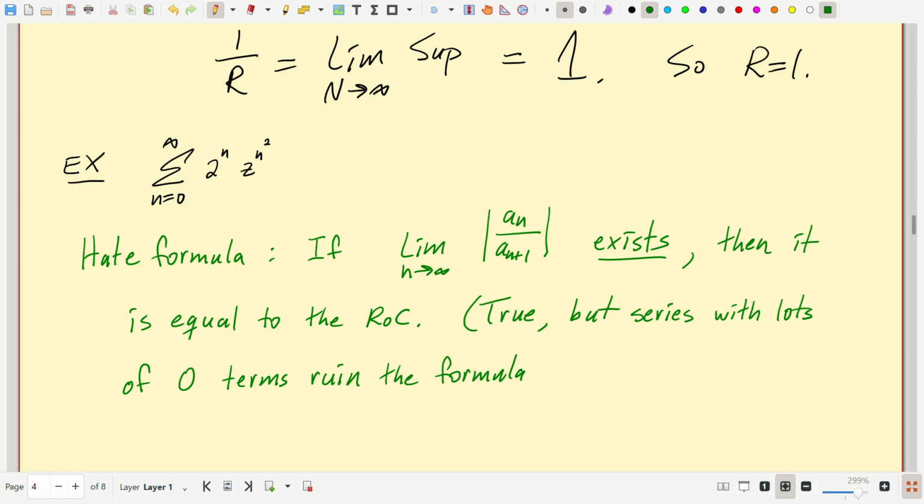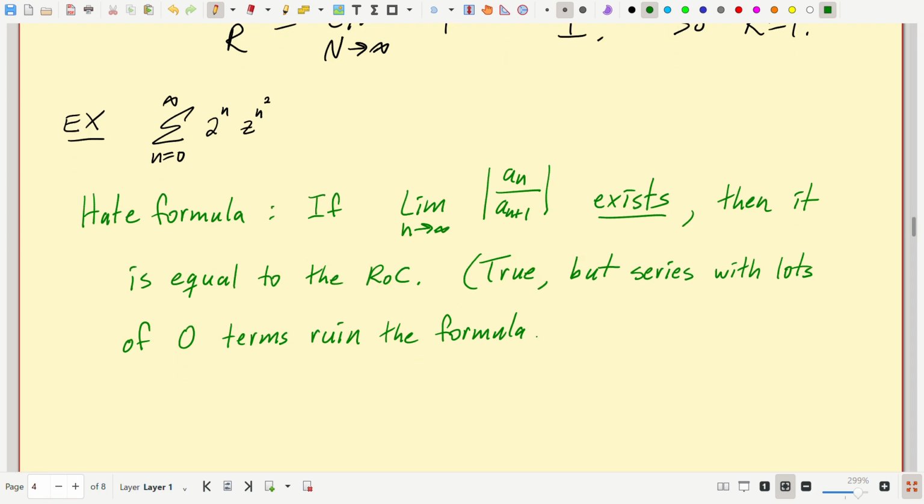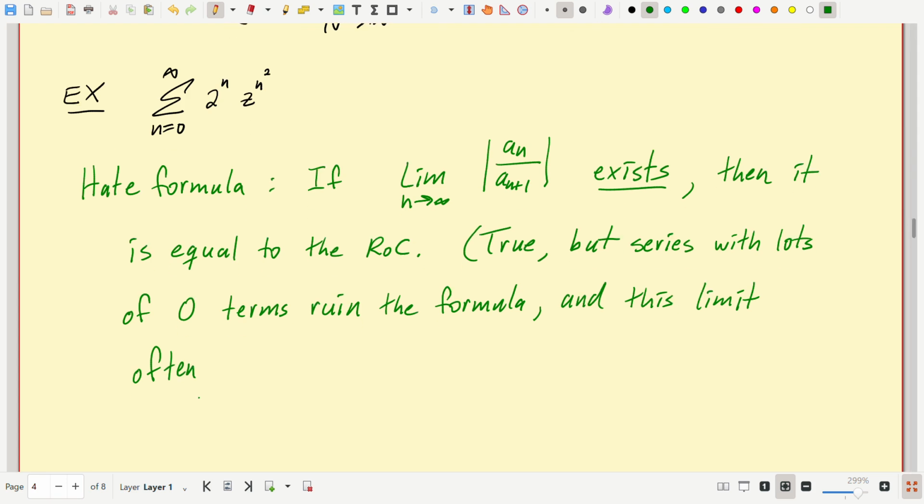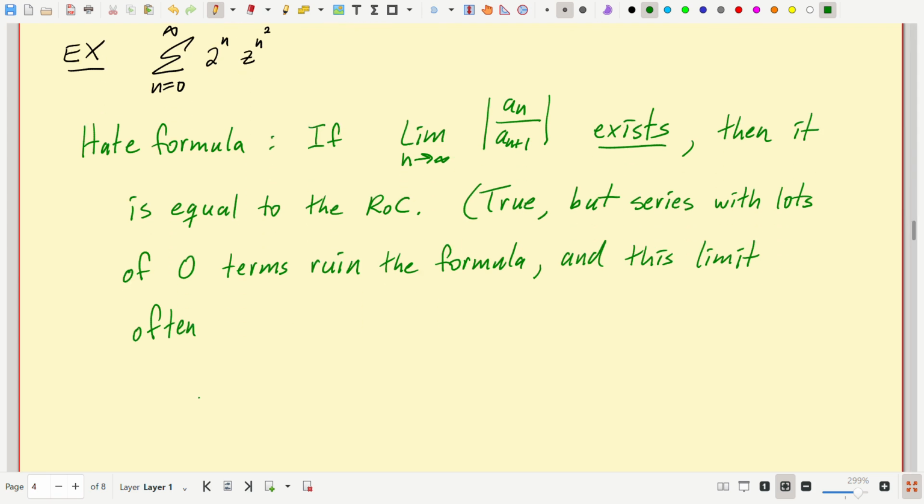And this limit doesn't have to exist. It exactly exists when you can use the ratio test somehow. But often it does not exist.